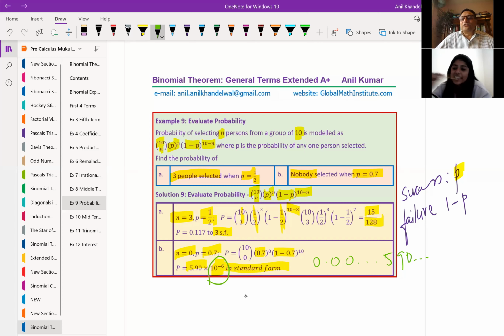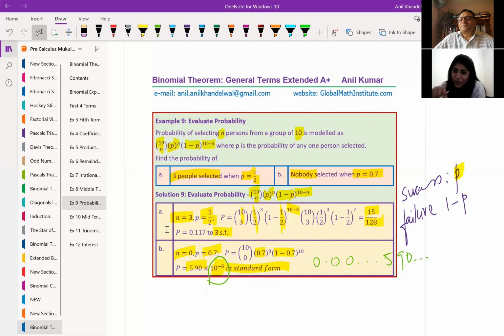So when you go for an interview, for example, there are 10 people and the probability of your selection is 0.7, that means most probably you'll be selected. So that is what the condition is saying. Logically you'd think that if the probability is high, then the probability we get should be high.